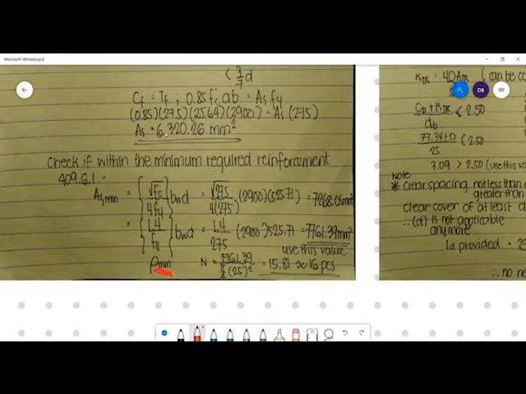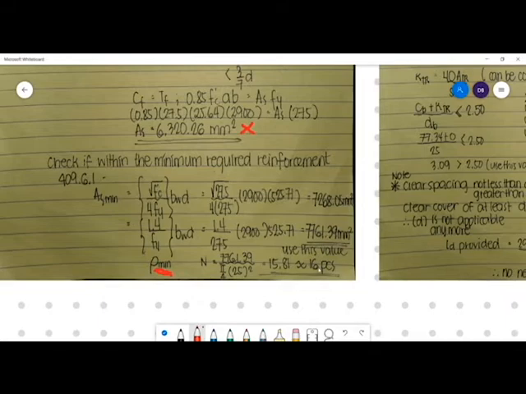So therefore, we supersede this value. And we use the minimum, which is equal to 7,761.39 millimeters square. Okay, and we determine the minimum number of bars, 7,761.39 over pi over 4. Dahil 25 millimeter diameter bars tayo, 25 squared, is equal to 15.81, 16 pieces.